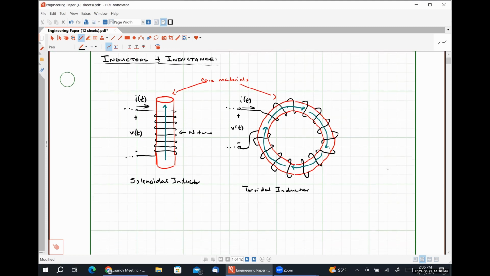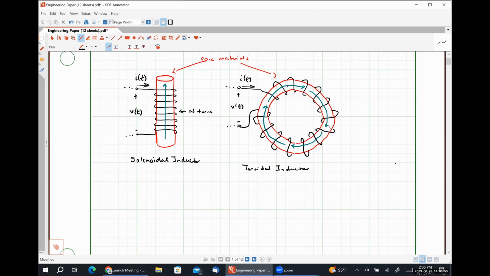The relationship between the current and voltage in an inductor is very, very different than what we have seen in a resistor. In an inductor, the voltage V of t is equal to L, the value of the inductance, and we'll talk about that in a moment, times the derivative of the current with respect to time.